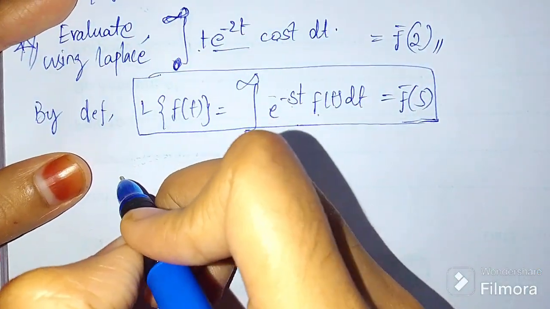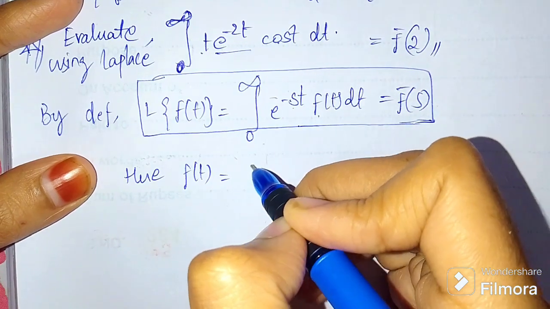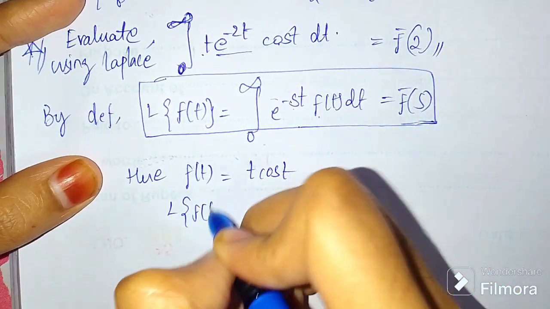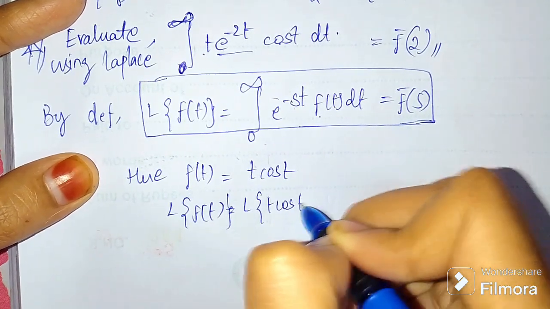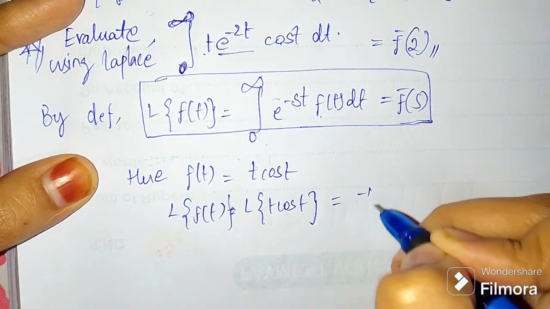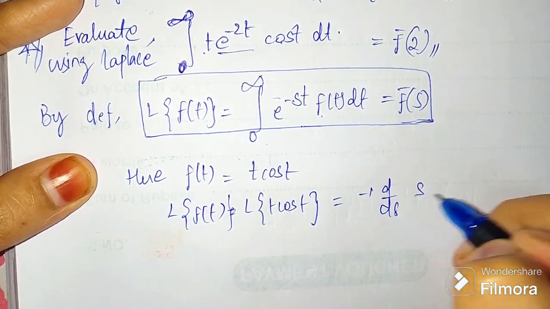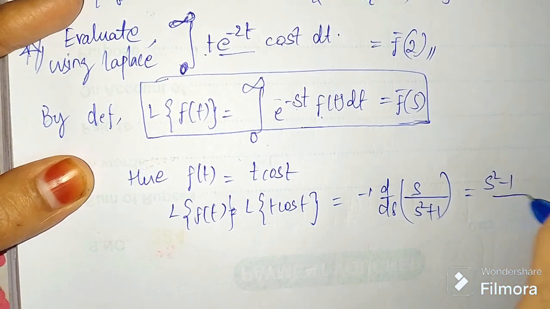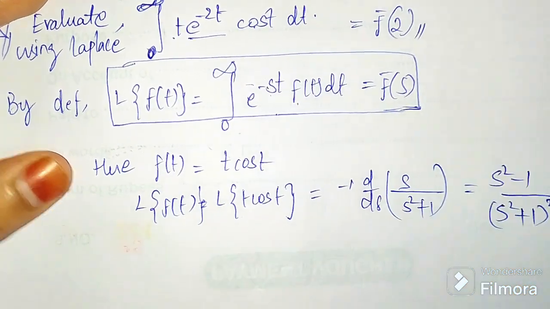Okay, so here first we'll write f of t is t cos t. Laplace of f of t is Laplace of t cos t, which you already know by now, multiply by t property. I'm doing it fast because I already told you.